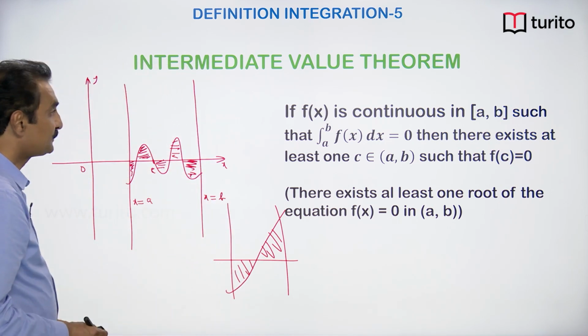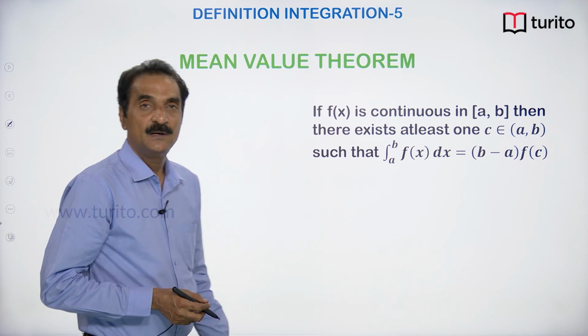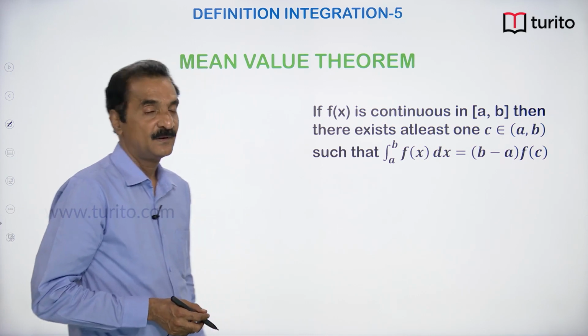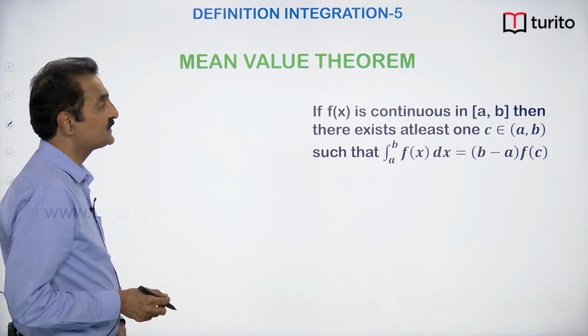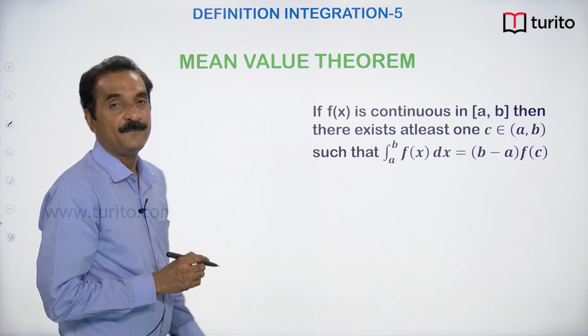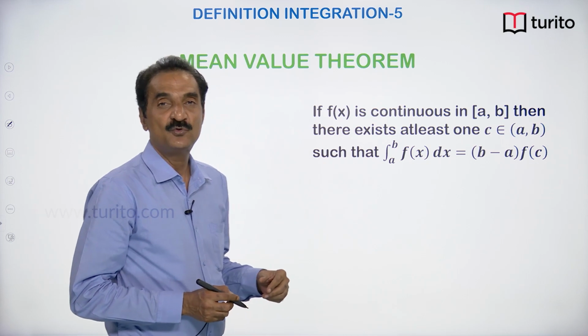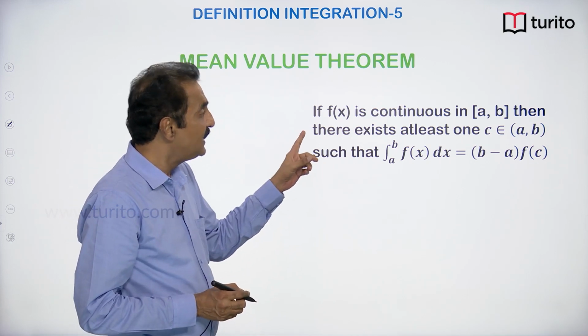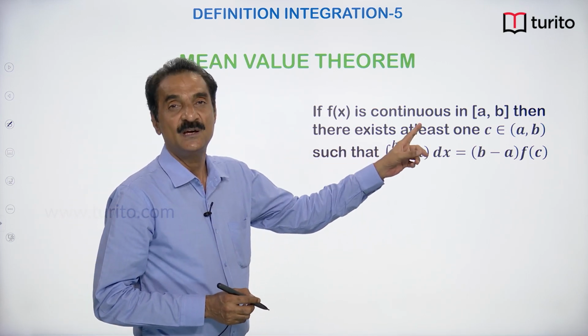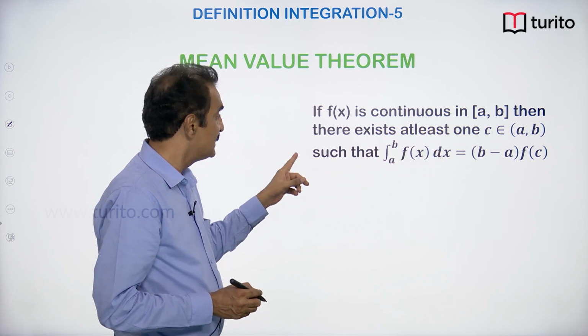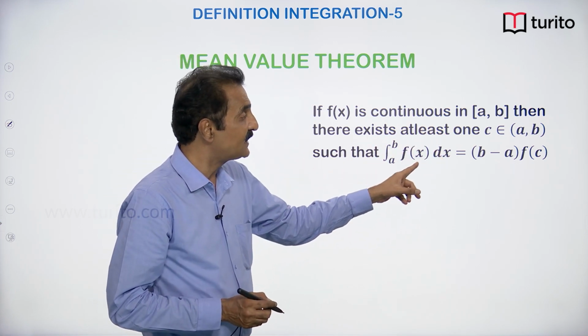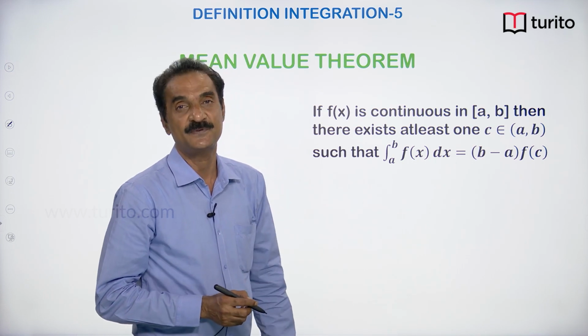Now, next theorem is mean value theorem. Mean value theorem is, if a function f of x is continuous in the closed interval a to b, then there exists at least one c in the open interval a to b such that the definite integral is equal to b minus a into f of c.